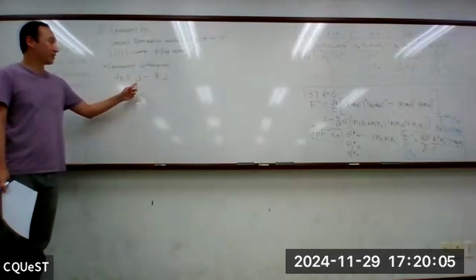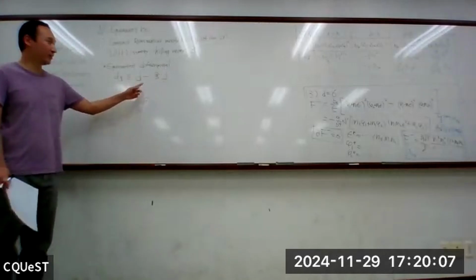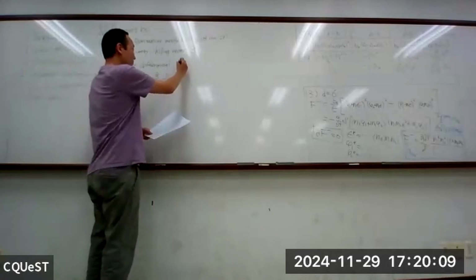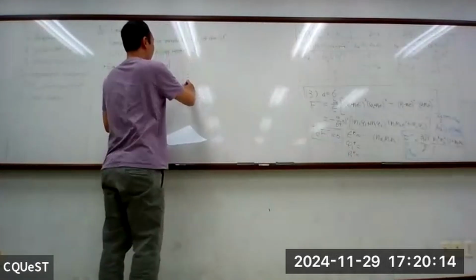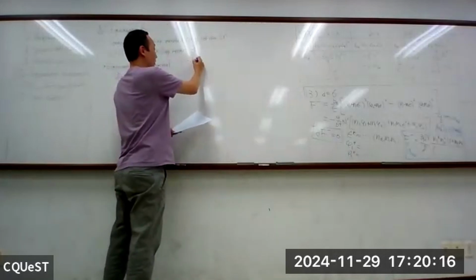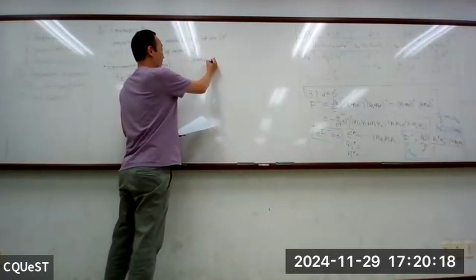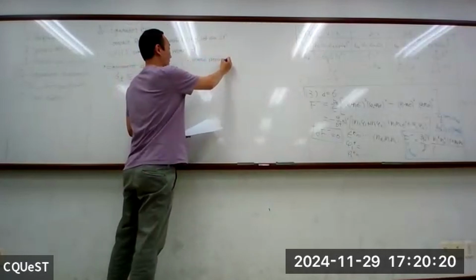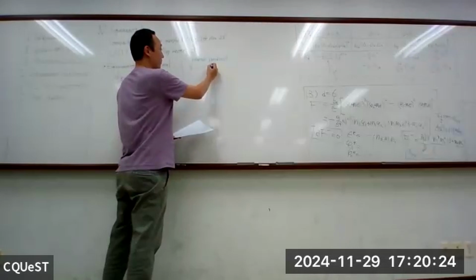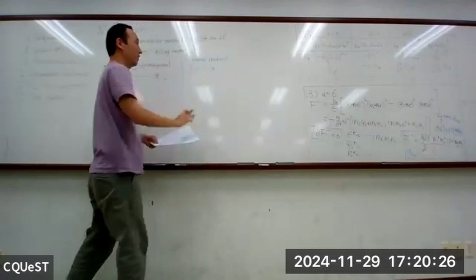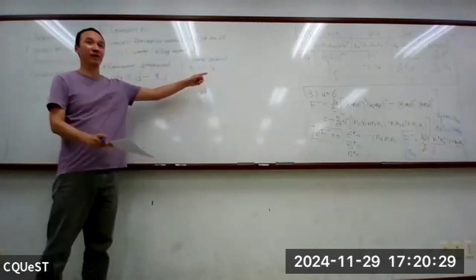What is this? This is just the normal exterior derivative in differential geometry. And this is the internal product. So you can write it in this way, but sometimes you write it this way, like in Nakahara, you find it in this way.